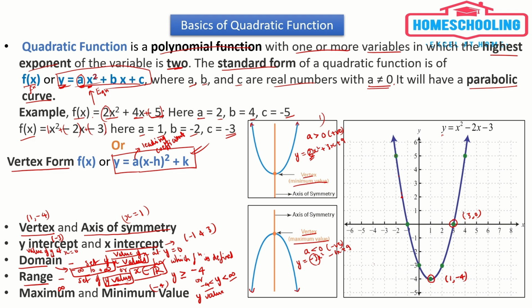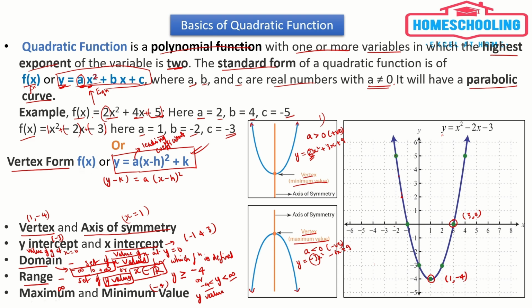So how are we going to find the quadratic equation from this curve? y is equal to a times (x minus h) whole square plus k. It can also be written as y minus k is equal to a times (x minus h) whole square.